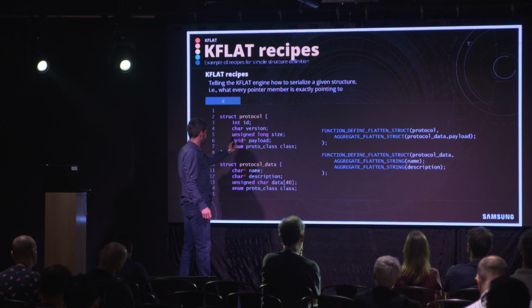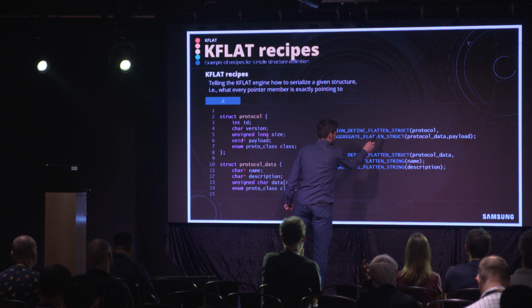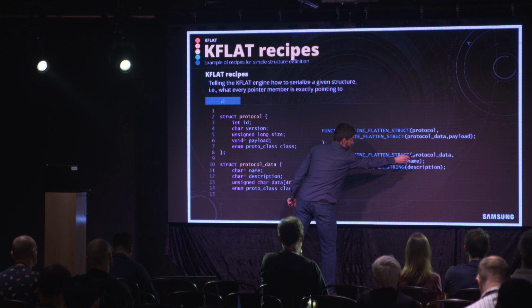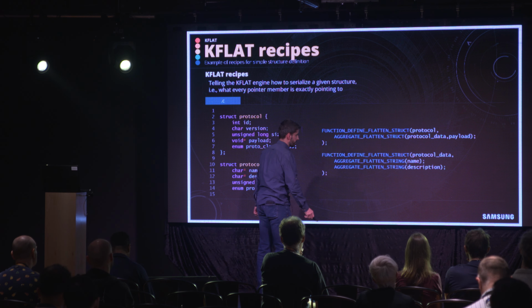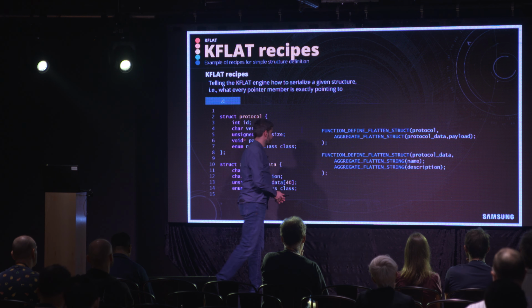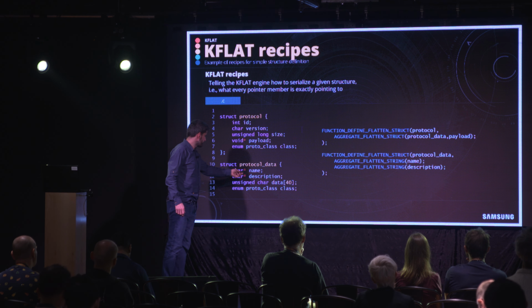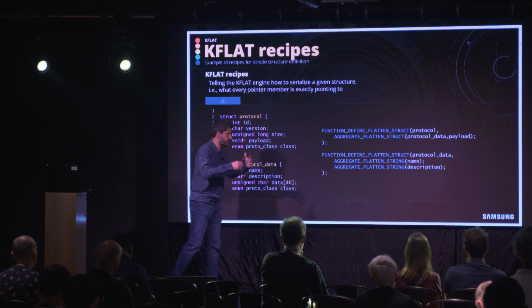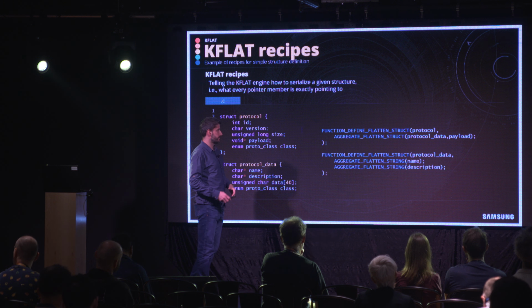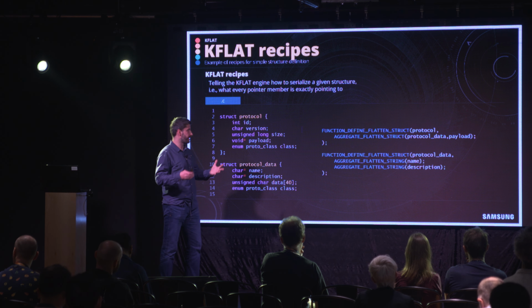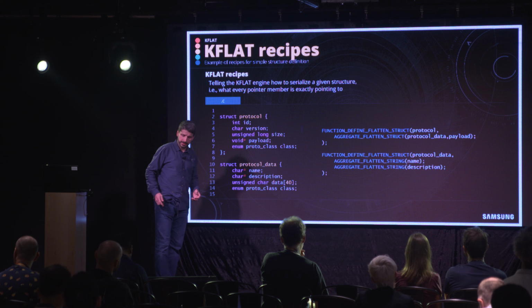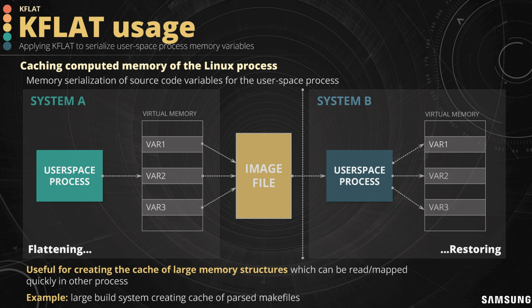So we tell it, okay, this payload is a protocol data structure, so just execute the recipe for this protocol data structure. And this protocol data structure has another recipe for name and description. You can see the name and description are text strings, so this recipe just copies the memory of the string until it finds the 0, and all the dependencies are resolved.